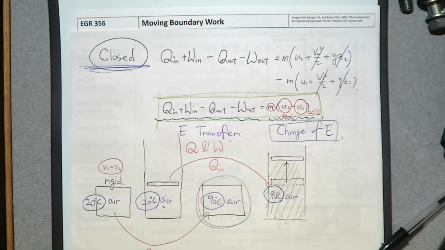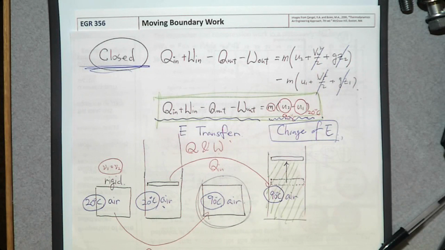So we need to increase the thermal energy because there's a temperature increase from 20 to 90. Okay, I get that. And there's the same amount of internal energy change from 20 degrees Celsius to 90 degrees Celsius, but there is additional work, which is the expansion of this air.